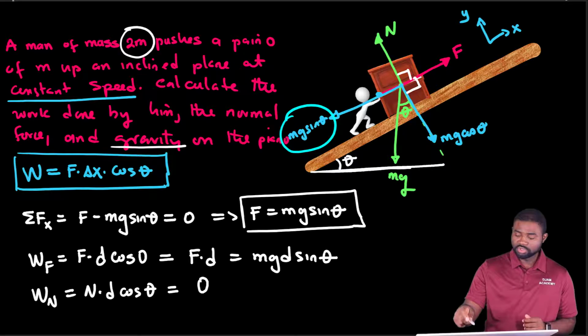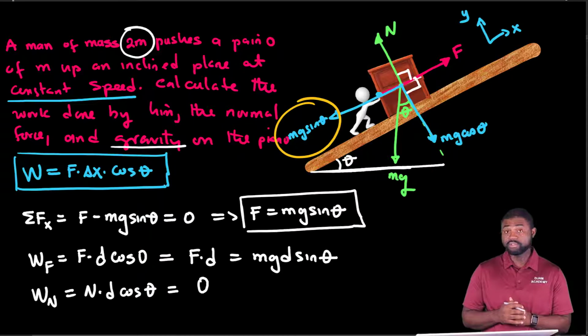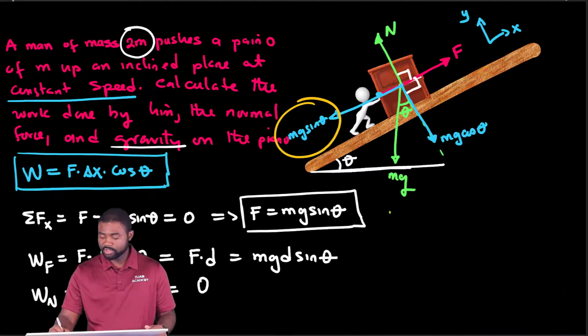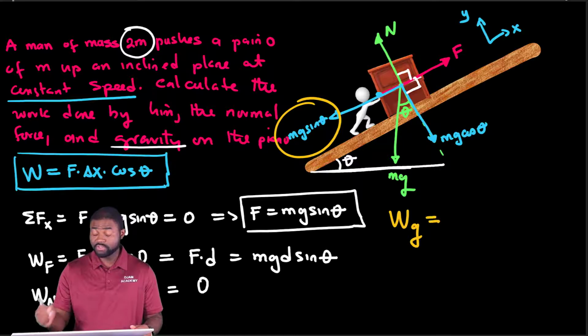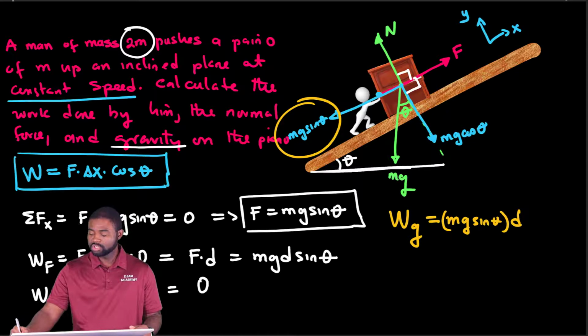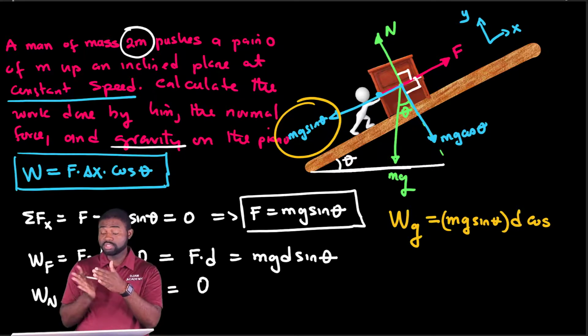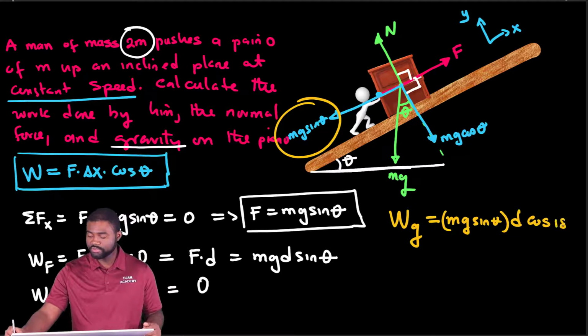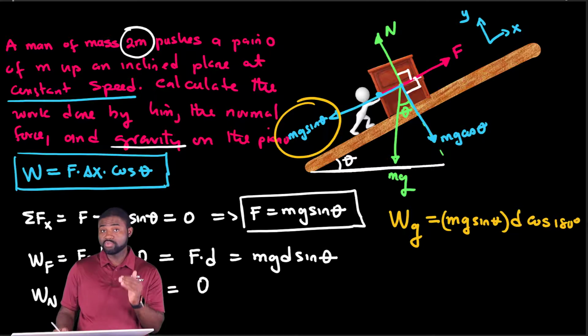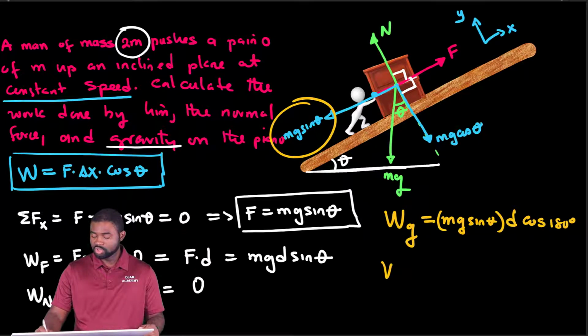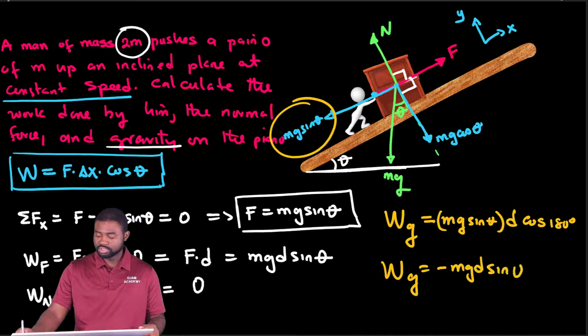The good news is that mg sine theta is in the direction of motion. So the work done by gravity is that component, mg sine theta, multiplied by the displacement, multiplied by the cosine of the angle between that component and the displacement vector, which is 180 degrees. We know that the cosine of 180 degrees is -1. So the work done by gravity is -mgd sine theta.